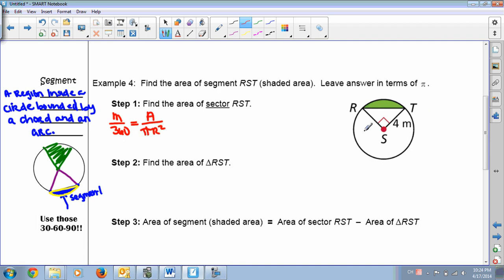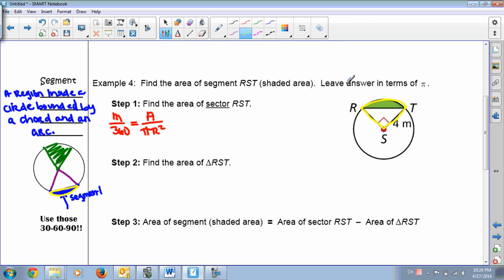Okay, so let's look over here. So right now, the sector, I'm going to go ahead and outline it. The sector is this giant piece of pie. It's sector RST, the whole thing.